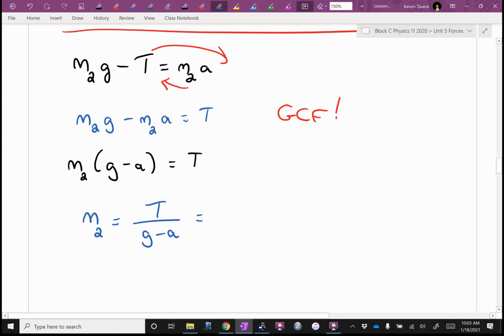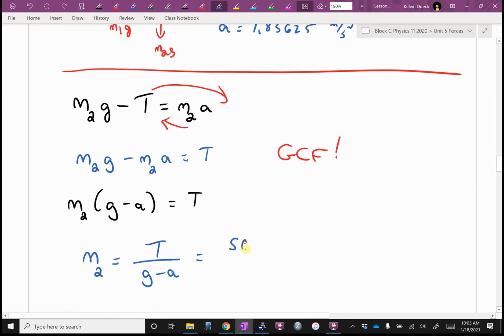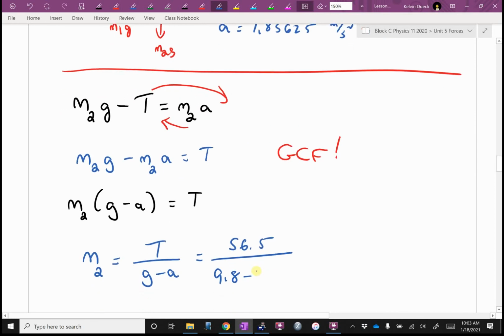What was tension? They told me 56.5. G 9.8 minus what was 8? That's why I had to find it. 7.85625. I think I can use my answer button.